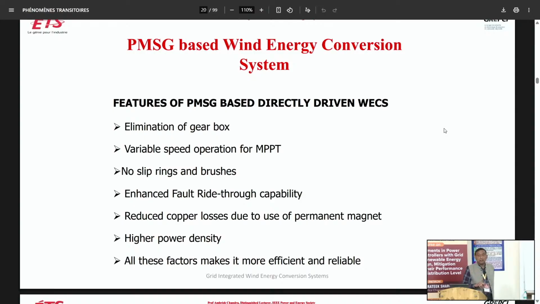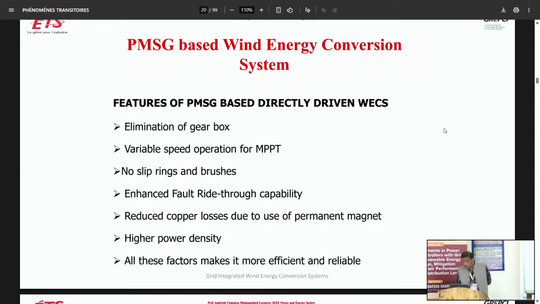That's why it has that fault ride-through capability. And then reduced copper losses due to use of permanent magnet. In the rotor, you have permanent magnet, not any winding. High power density, depending on what kind of permanent magnet material you have used. So these are the things which make PMSG more efficient and reliable.